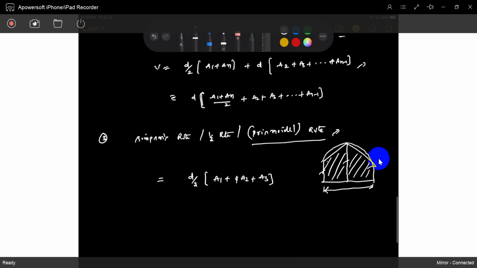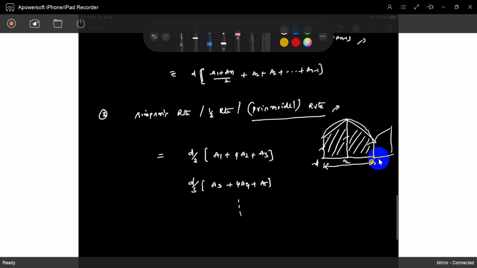Next, areas A1, A2 and A3. Next we start from A3, with A3, A4, A5, and it goes on like this.